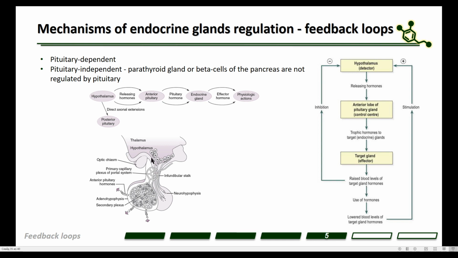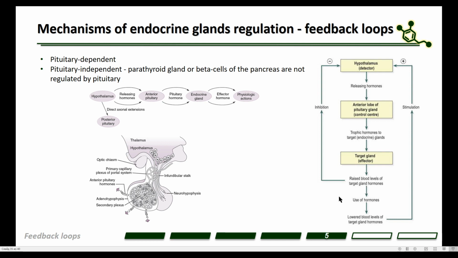And this is all about the hypothalamus and anterior pituitary. Here you have a summary of the feedback control over the target gland hormones. If their level decreases, then the feedback will be sent to the hypothalamus and anterior pituitary to initiate production of releasing hormones and then tropic hormones to bring the hormonal level back to normal.